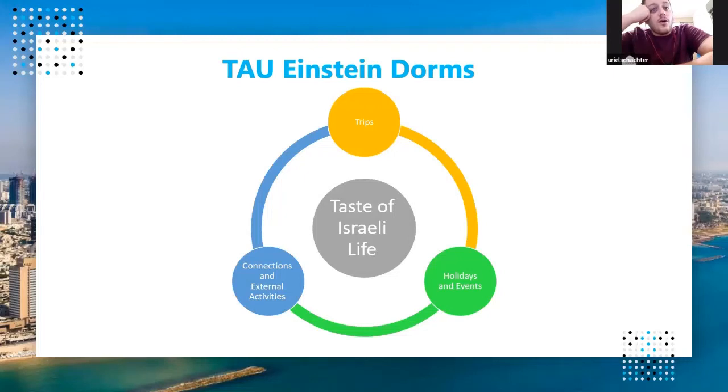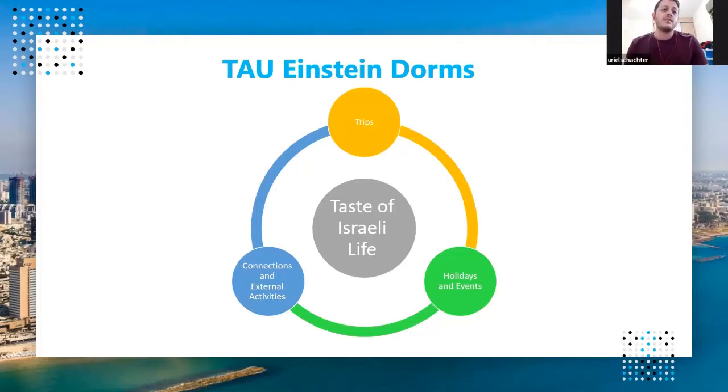The second is holidays and events, where we do things together, we as Madrichim and you as students. Around some Israeli or international holidays or events, we gather together.